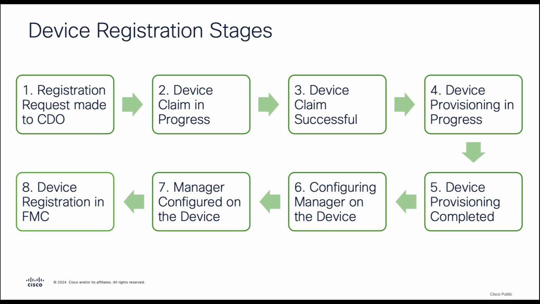Once the device is claimed successfully, CDO provisions the device for zero-touch provisioning discovery, and once it is completed, CDO configures the on-prem Firewall Management Center as the manager on the device. Lastly, the device gets registered to the FMC and FMC applies the template to the device and deploys the configuration.